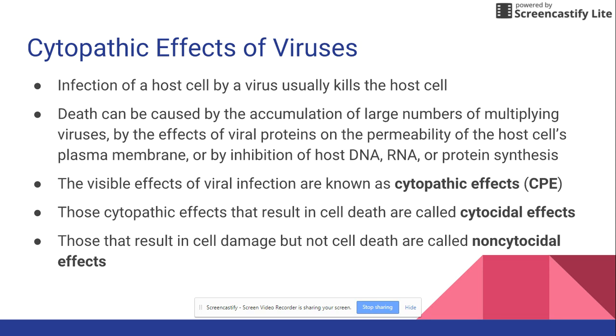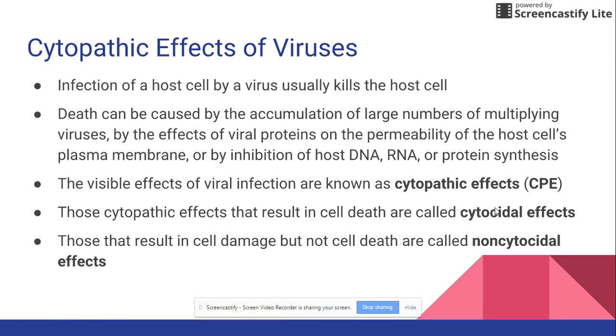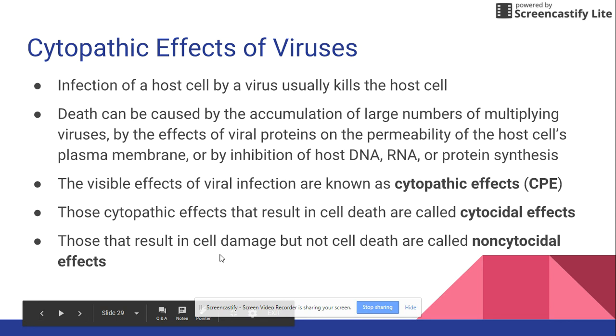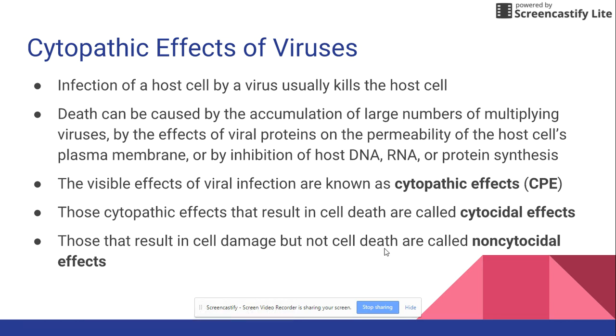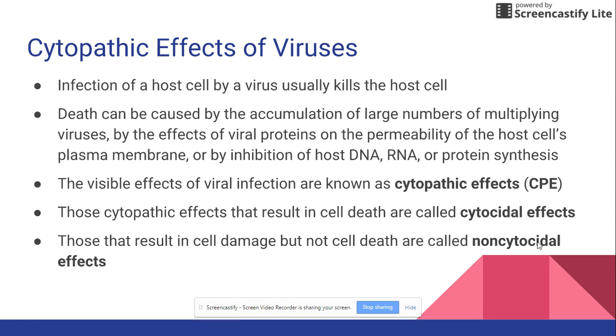So cyto again being cell, cidal like suicidal, so causing cell death. And then we have the ones that cause damage but not necessarily death, and that would be the non-cytocidal effects. That's really hard to say, sorry.